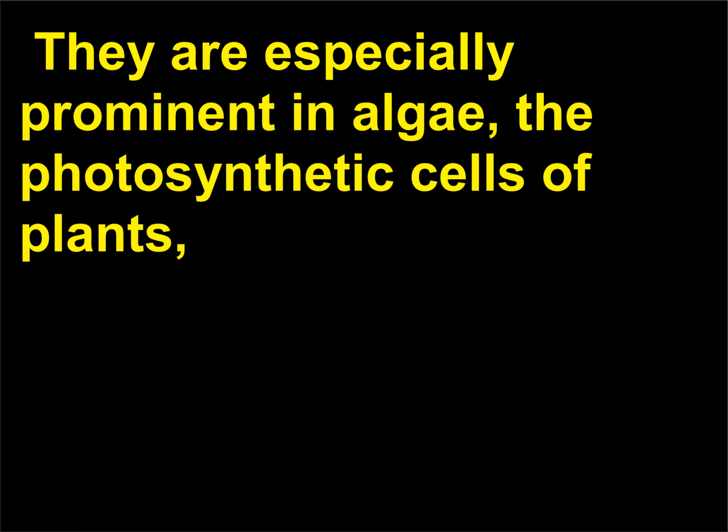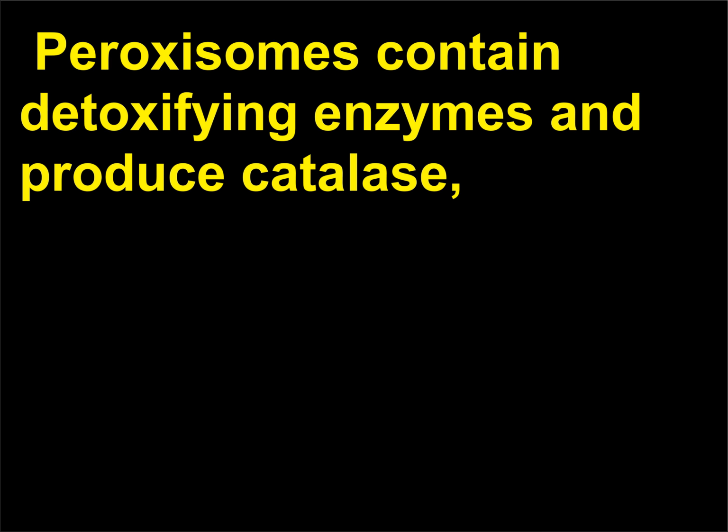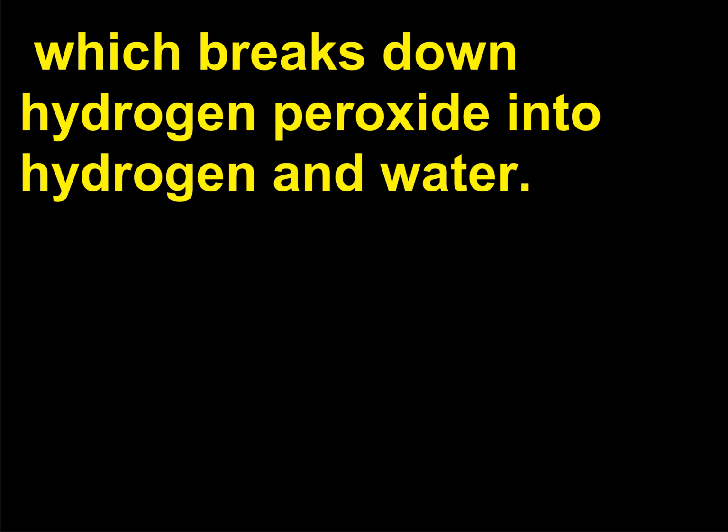They are especially prominent in algae, the photosynthetic cells of plants, and both mammalian kidney and liver cells. Peroxisomes contain detoxifying enzymes and produce catalase, which breaks down hydrogen peroxide into hydrogen and water.